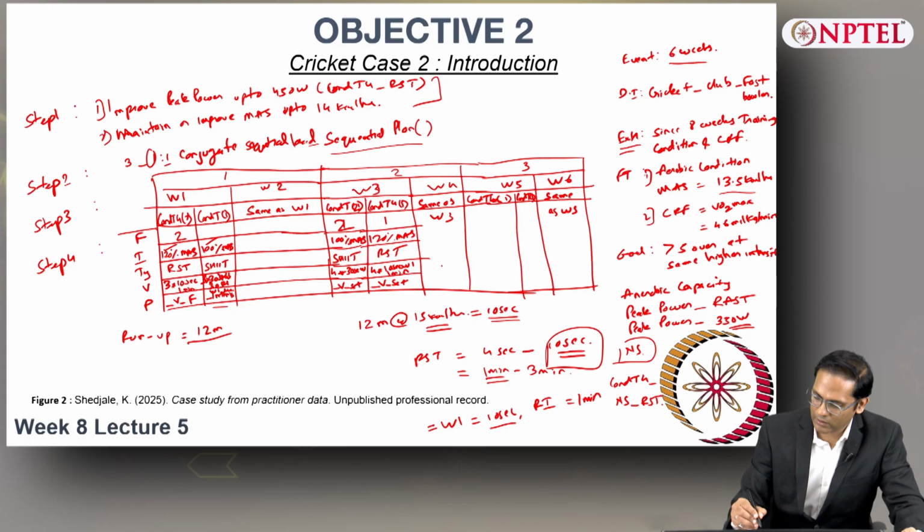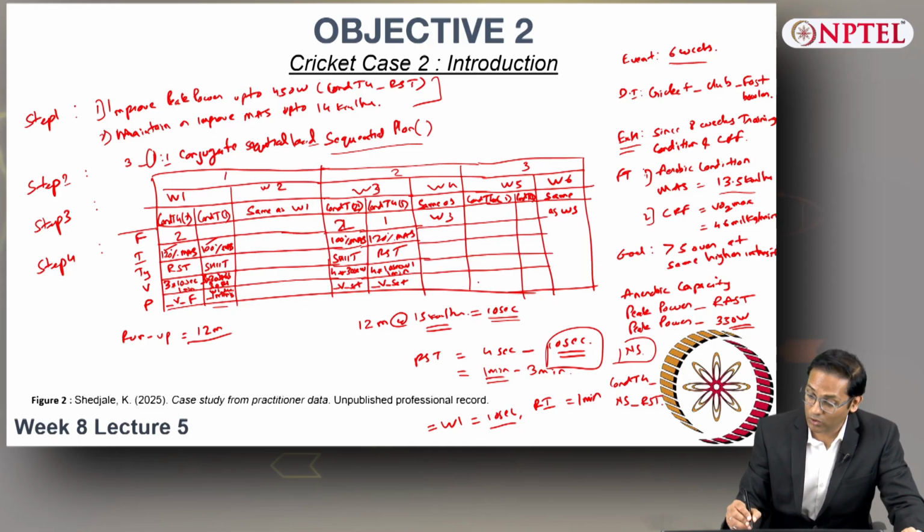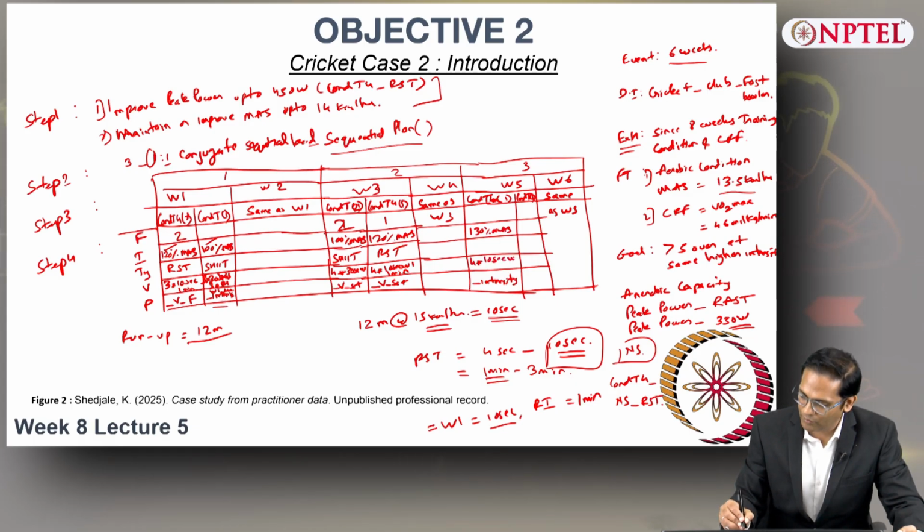And in the last block, here the progression is done with respect to intensity. So earlier it was 120% of MAS, now it would be 130% of MAS, and the volume would be the same as mentioned in week 3, that is 4 sets of 10 seconds of high run at 130% of MAS and 1 minute of rest interval.